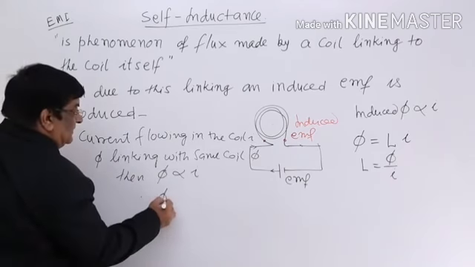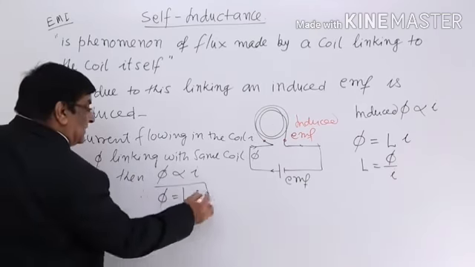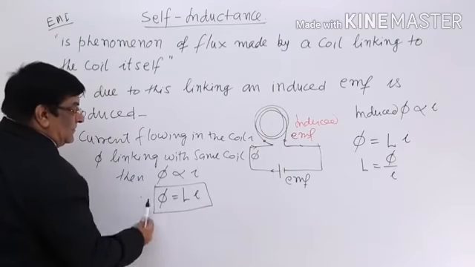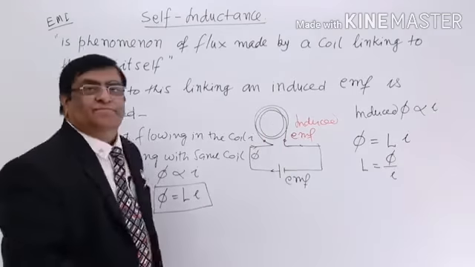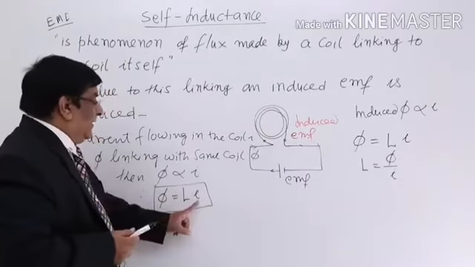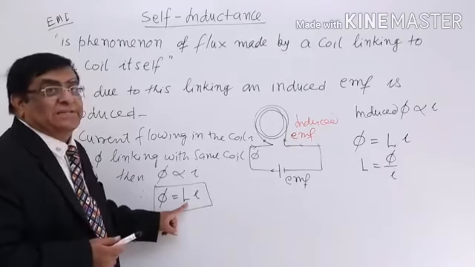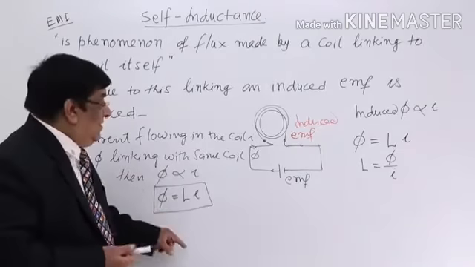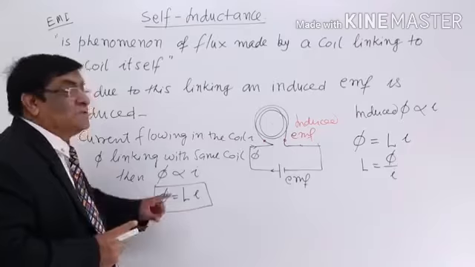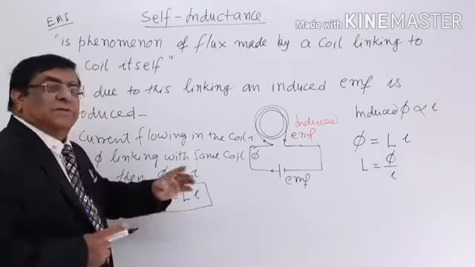Therefore, phi is equal to a constant times current. This constant decides for how much current, how much will be the flux. In some coils, the current is 1 ampere, the flux is 100. So that means L is 100. In another coil, again current is 1 ampere, but the flux linked is 400. Why? Because its constant is 400.